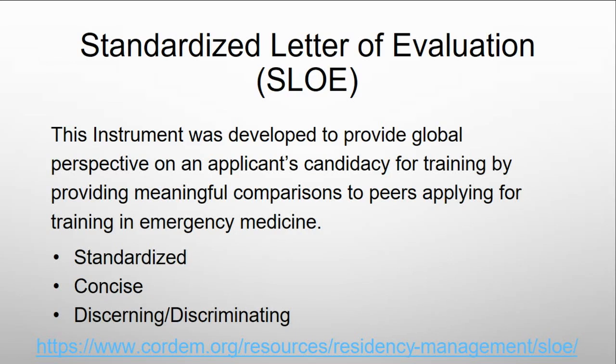Instead of those long letters about how great the student was, the goal is to standardize it, so I can compare students from Ohio State to students from East Carolina to students from U of M, even though they're very different learning environments. It's really the applicant's candidacy for training, providing meaningful comparison to peers applying for EM. The goal is that it's standardized, it's concise, and there's some discriminating data in it.